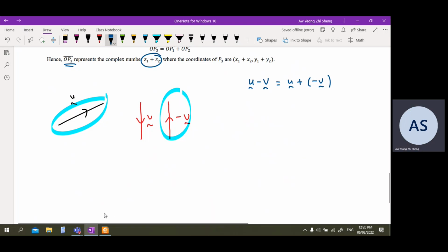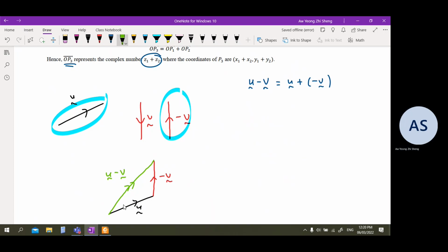Right, so I draw my new diagram down here. If I start with my vector u, and the ending point of vector u becomes the starting point of vector negative v, I will have such a diagram. And the vector that connects the very beginning to the very end, this would be the resultant vector u minus v.